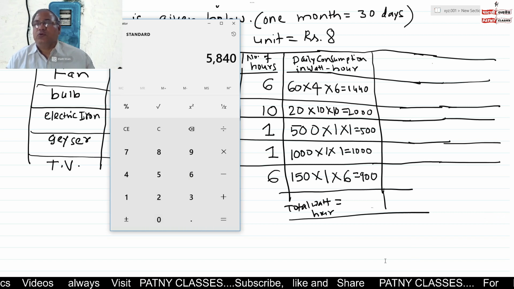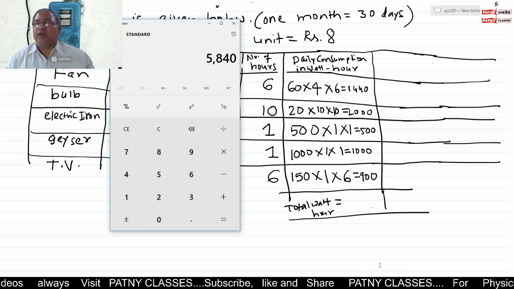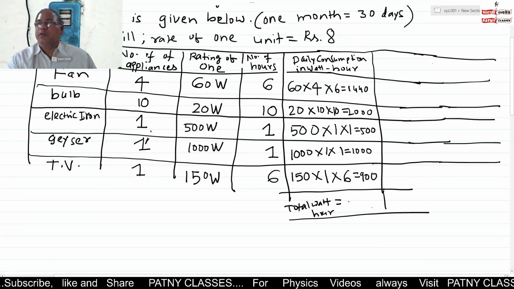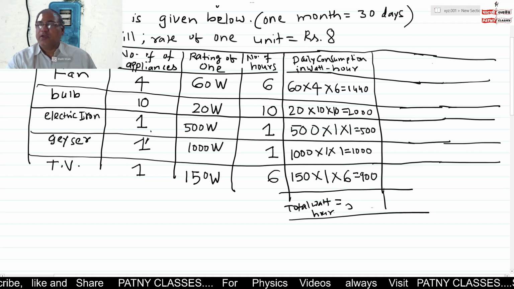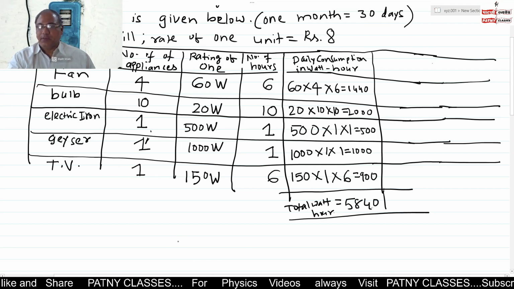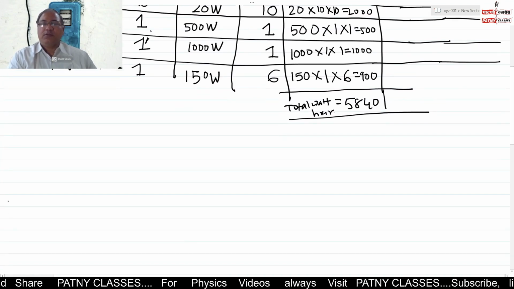Total equals 5840 watt hour. So total watt hour in one day equals 5840. But we are using it for 1 month.